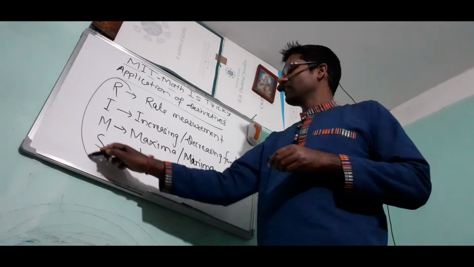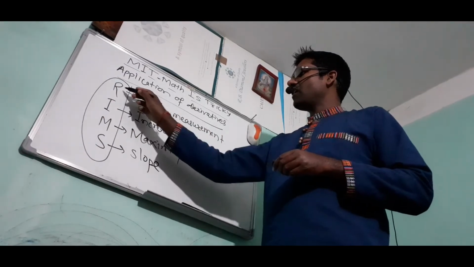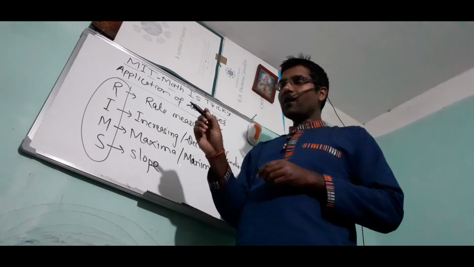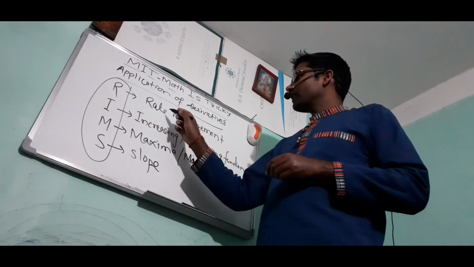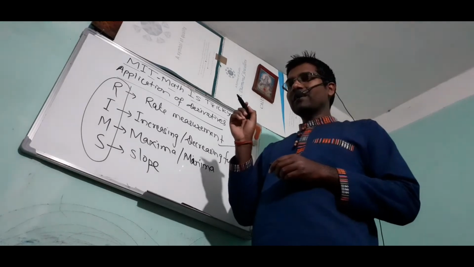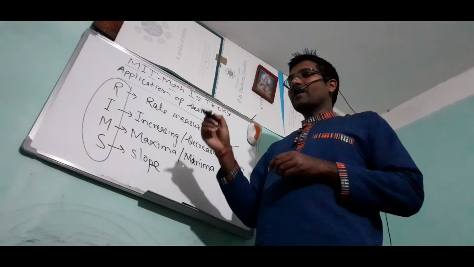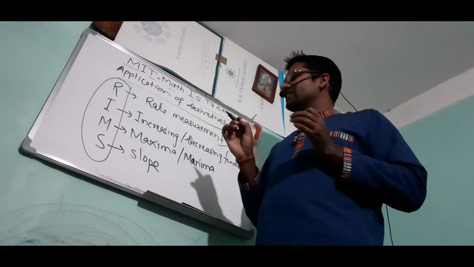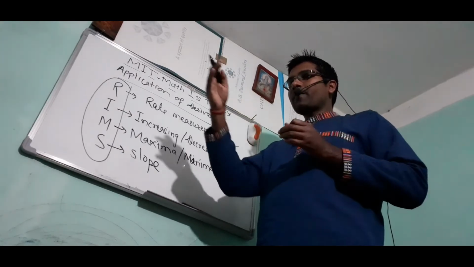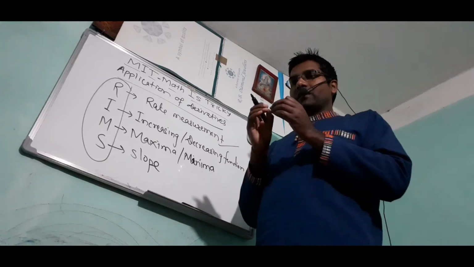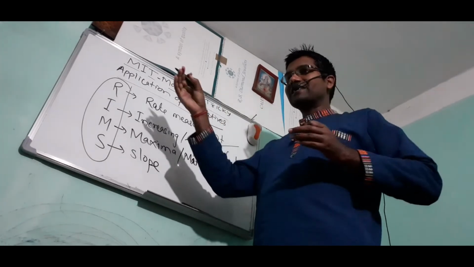RIMS. So, what is the meaning of R? R stands for rate measurement. That means at what rate an aeroplane is flying, at what rate the distance between any 2 points is increasing, at what rate price is increasing, at what rate the gold price is increasing.